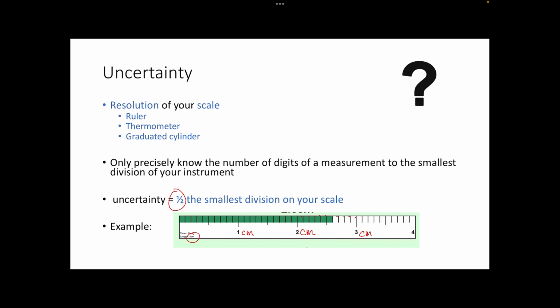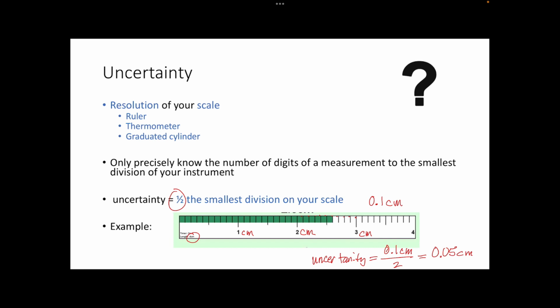So we know to every 0.1 centimeters. That's the smallest mark on our ruler. Therefore, the uncertainty is our smallest mark, 0.1 centimeters, divided by 2. You can plug this into your calculator or do it in your head: 0.05 centimeters would be our uncertainty for this scale.